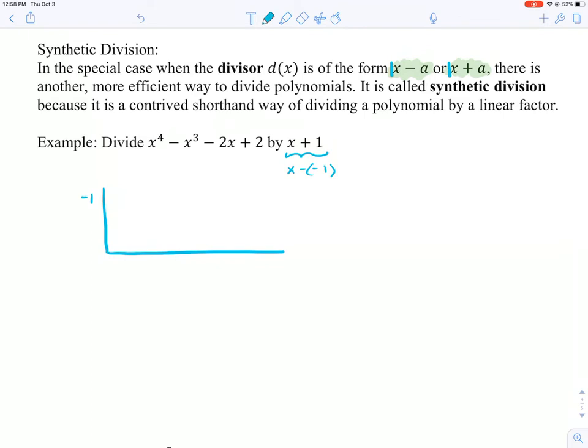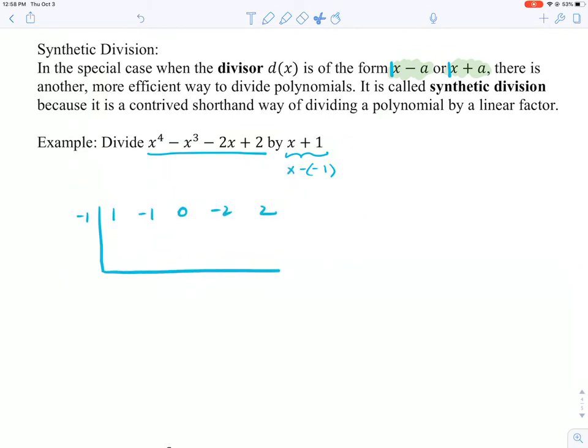And then I'm going to put all of the coefficients for the dividend. So that would be 1, -1. Don't forget, if you're missing a term, to put a placeholder of 0, -2, 2. And then what we're going to do now is bring the 1 down, and then we go 1 times -1 would be -1.